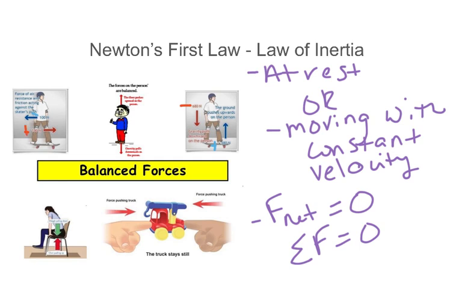Okay? You also have balanced forces in this situation here where the person has gravity pulling down and he has an equal force from the floor pushing up on him. So this gravity force is equal to the normal force in this situation. In here you have these pushing forces that are equal to each other.